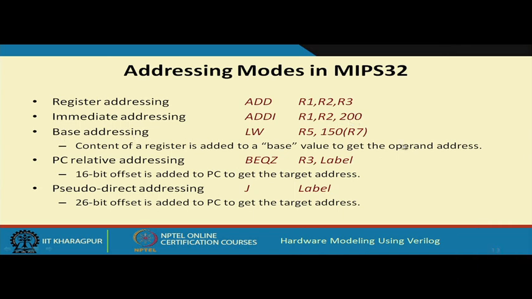Base addressing: there is a register, there is a number, you add this number to the register to get the effective address or the operand address. PC relative addressing, used in branch: whatever offset is specified here is added to the program counter to get the actual address of the branch. And jump of course we are not considering, it is very similar. This 26 bit offset will be added to PC.